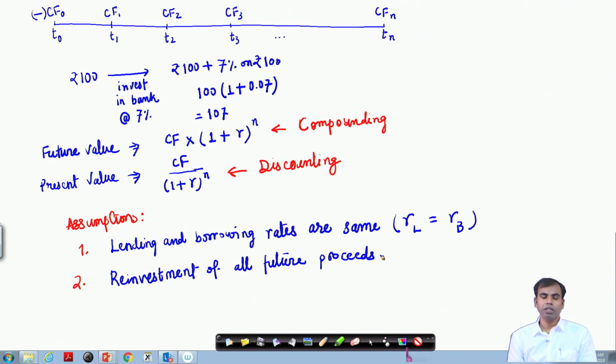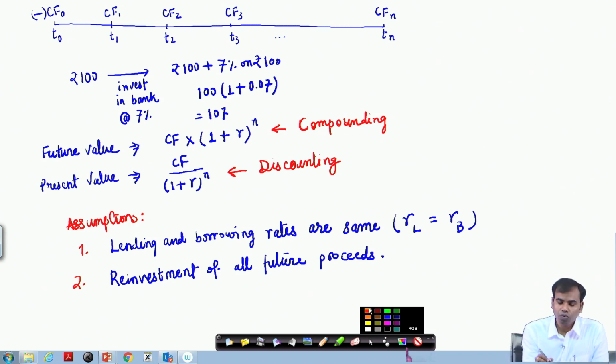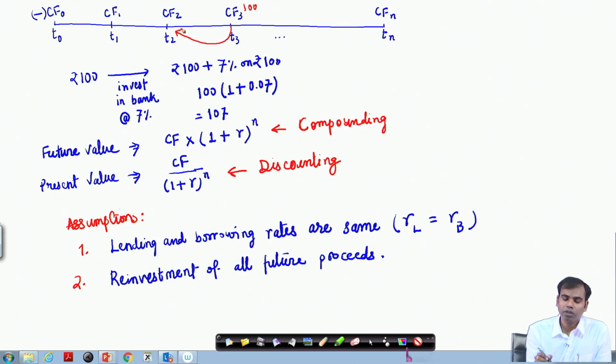So, if I try to highlight this assumption on the timeline, suppose you have some amount of money to be generated in future as CF3, which is your cash flow at time point 3, and you are reinvesting that money in the business or the bank where you are considering it to generate some return.